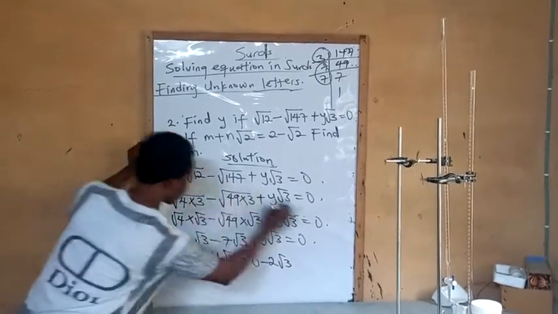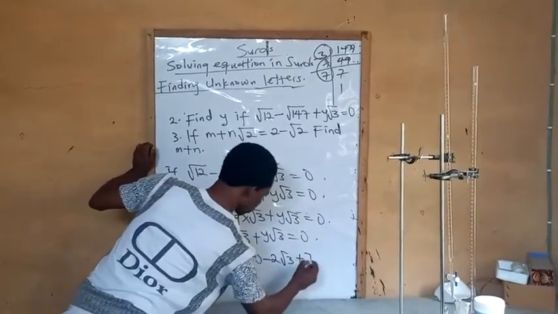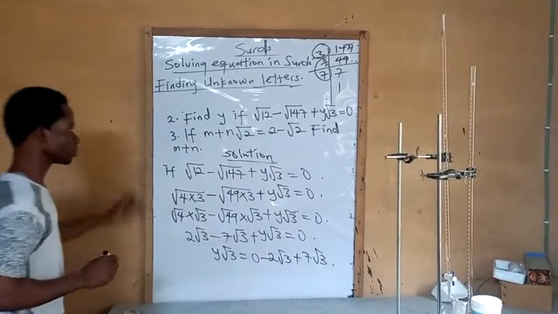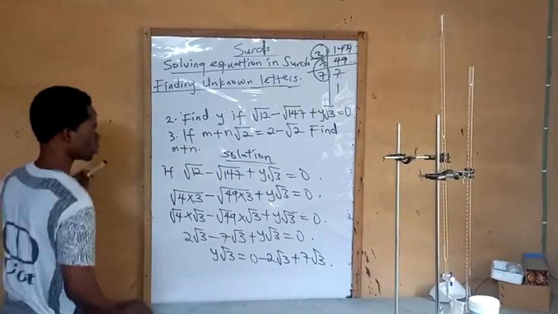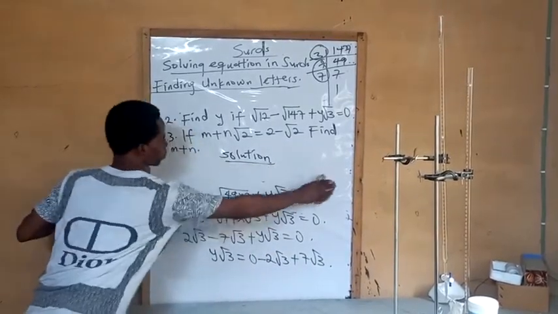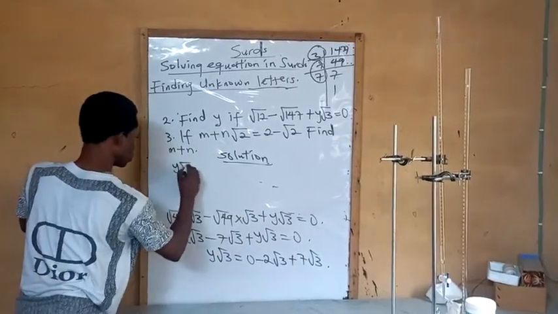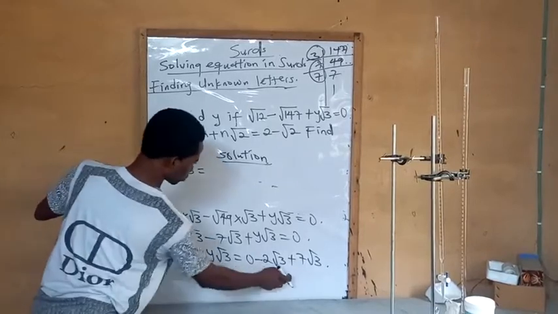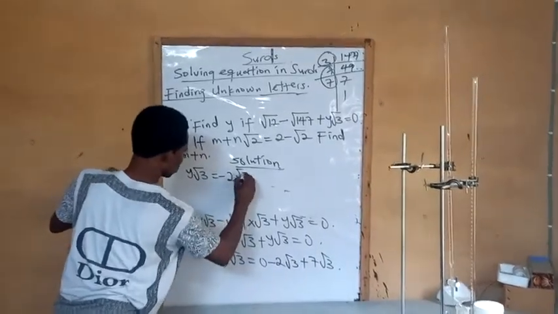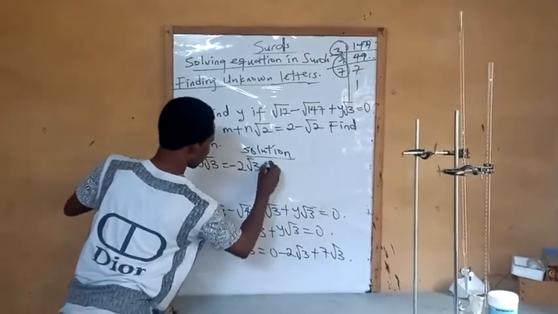When I bring this one here, it becomes plus 7 root 3. After I've done this, we will have y root 3 equals to 0 minus 2 root 3 plus 7 root 3.